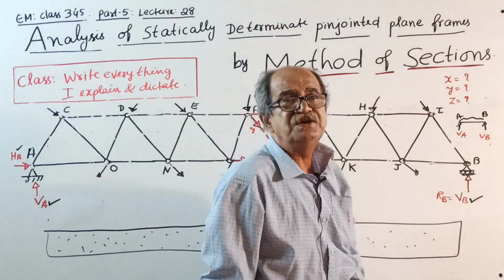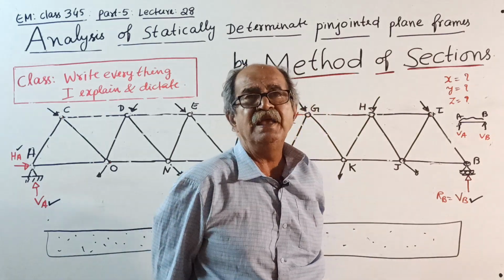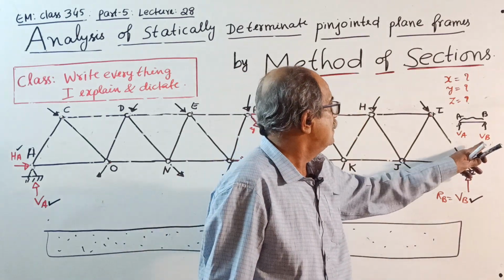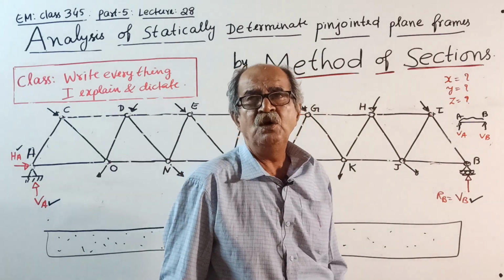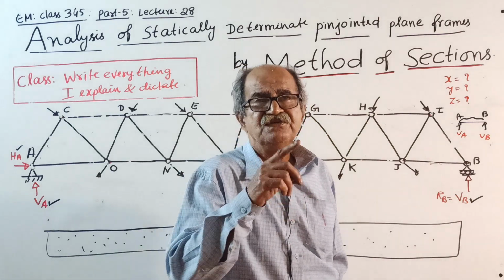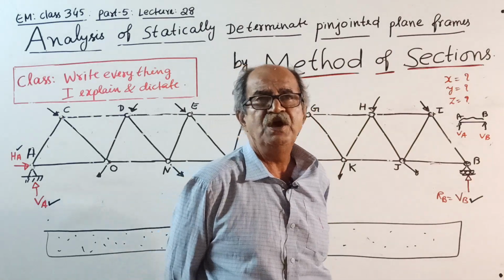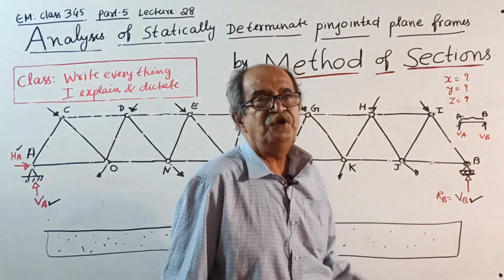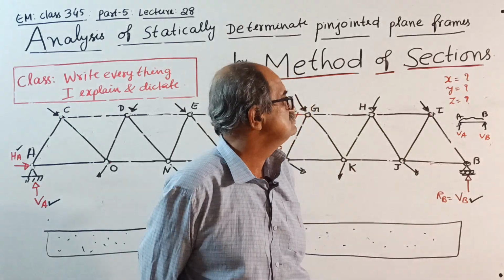So, instead of applying sigma V equal to 0, after applying sigma M equal to 0, if you once again apply sigma M equal to 0, it means you are using sigma M equal to 0 twice. Sigma V we are not using. No. First time when you apply sigma M equal to 0, it is actually sigma M equal to 0.